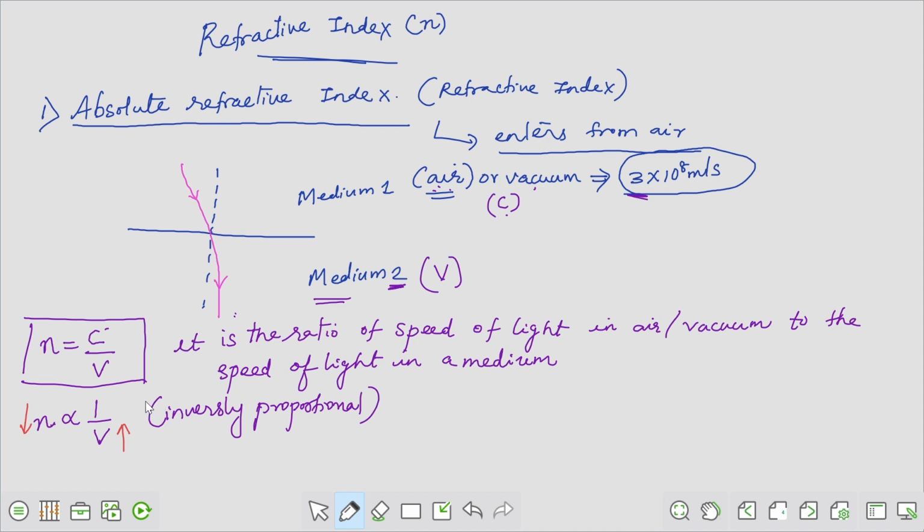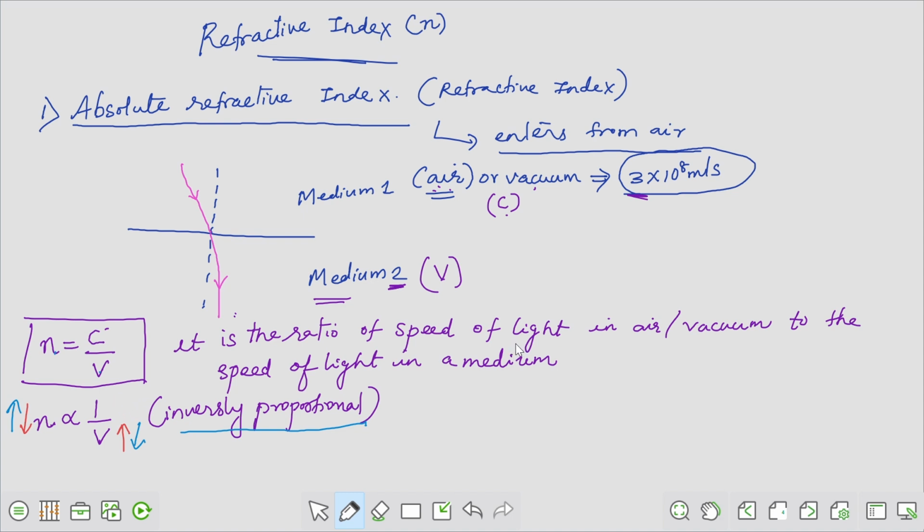Bending of light is less. Just remember in that way, that is easy for you to remember. Refractive index means how much the light bends. So if the speed of light is more, bending of light is less. If speed of light is less in a medium, bending of light is more. That is the meaning of inversely proportional. So refractive index of a medium is always inversely proportional to speed of light.